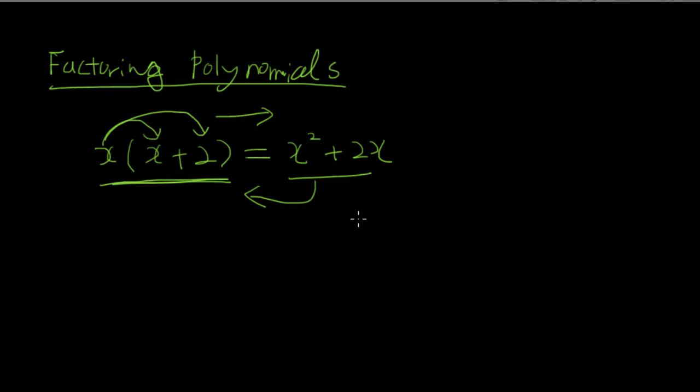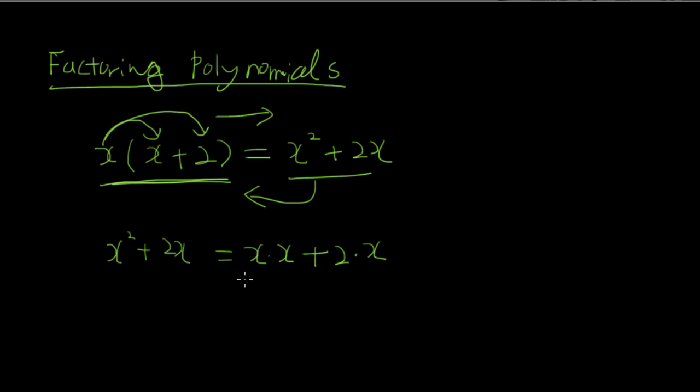So one technique to factor is to break it down to the smallest possible pieces. Let's say we have x squared plus 2x. You break down this x squared as x times x, and this 2x as 2 times x.